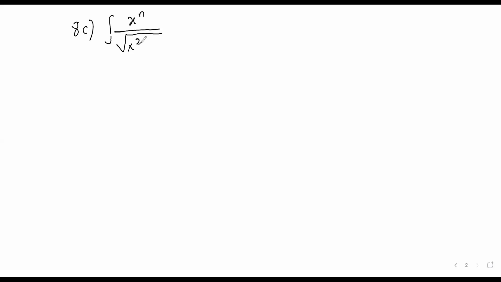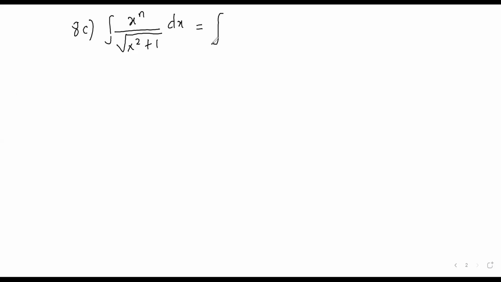x squared plus 1 dx. So what's the integral of this? How do we approach it? So we can write this.